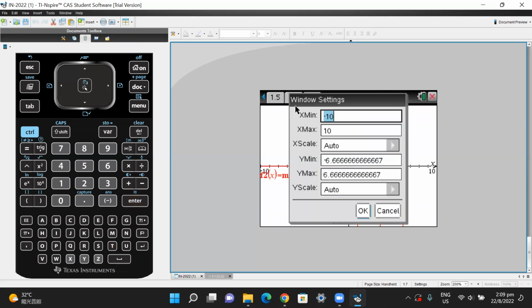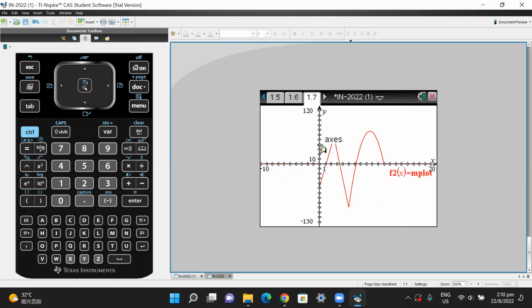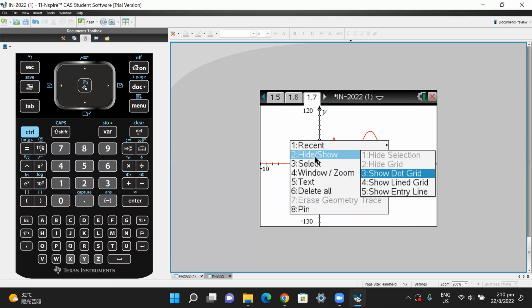And also we could adjust the window setting from -10 to 20. And for Y is -130 and 120. Okay, and we could see a shape like this.